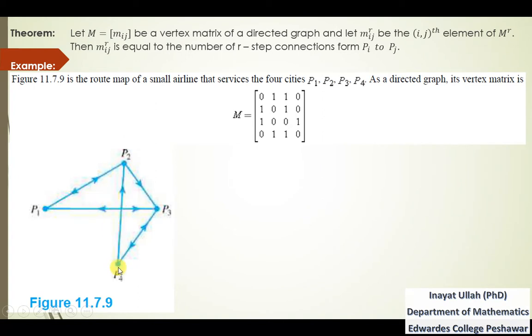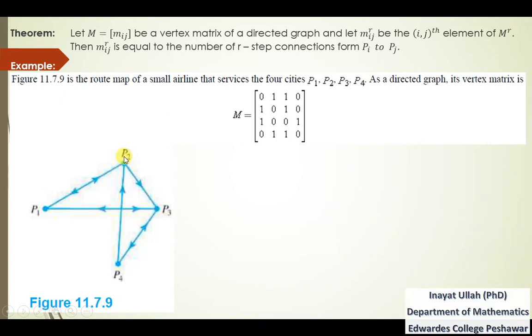That is the direction: from city 1 you can move to city 2, and from city 2 you can move towards city 1 and city 3.